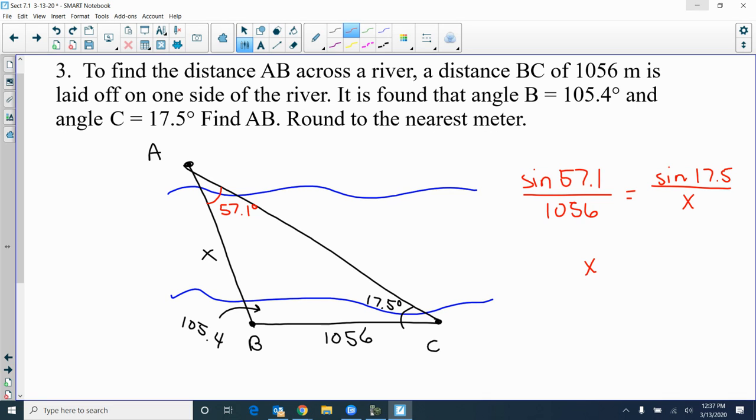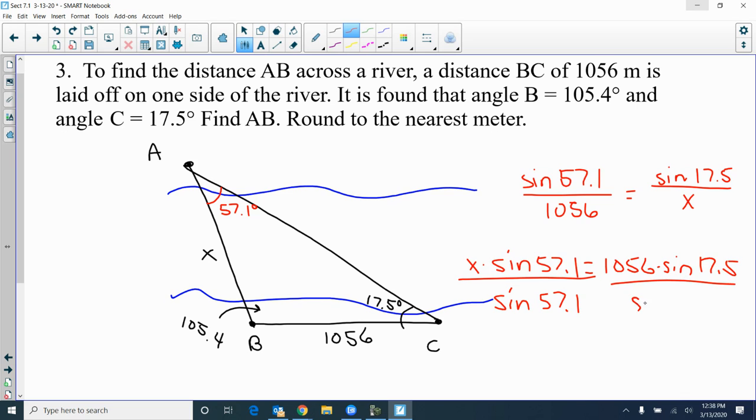So x times the sine of 57.1 equals 1,056 times the sine of 17.5 divided by the sine of 57.1. Nearest meter is fine. Tyler, you got it? 378. 378 meters. All right, make sense?